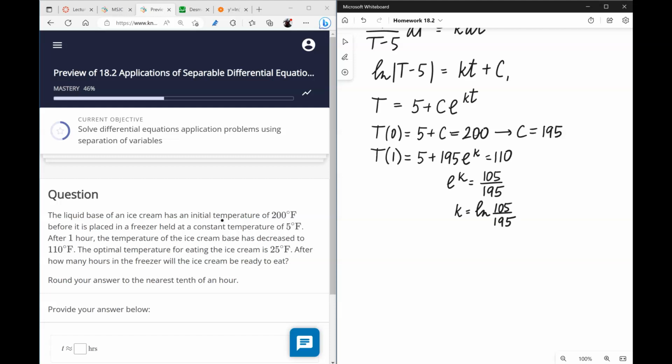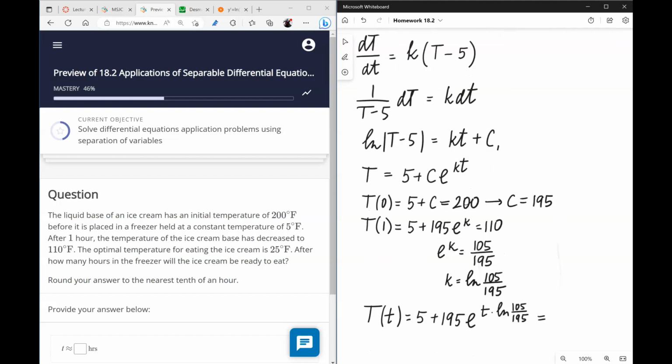Last time we did find the approximation of it in decimal form, but we didn't use it, so let's just keep it this way this time. And let's plug everything into the original equation. So the temperature is equal to 5 plus 195 e to the power t times k, which is ln of 105 over 195.